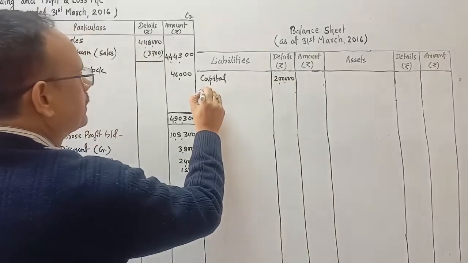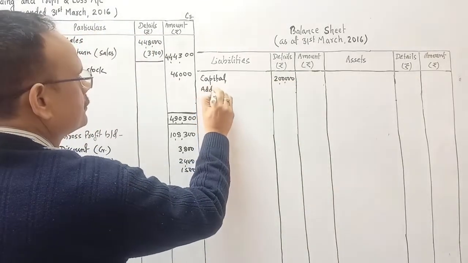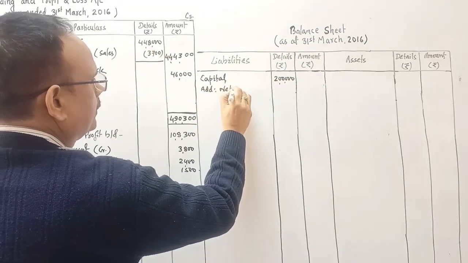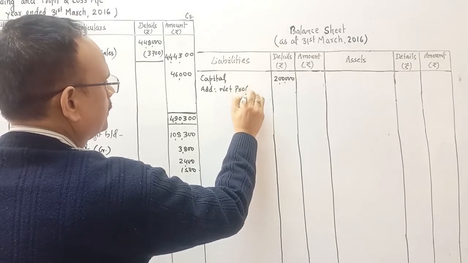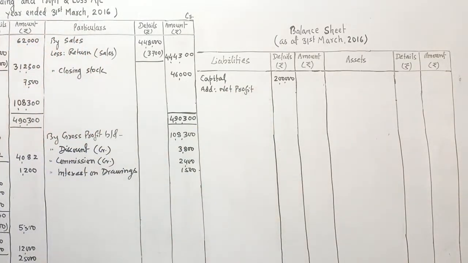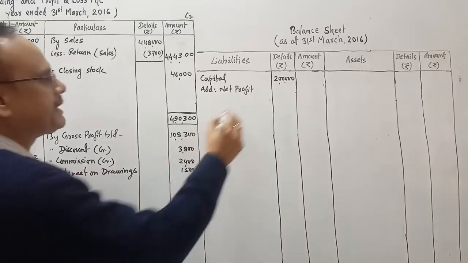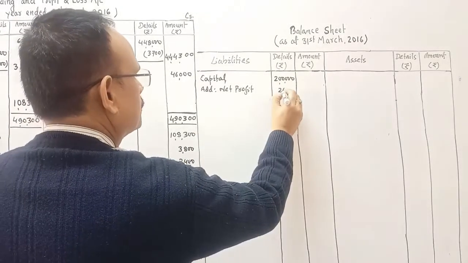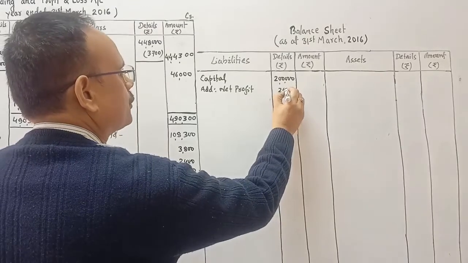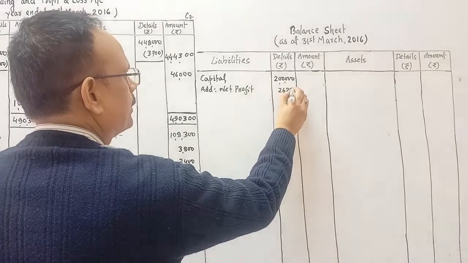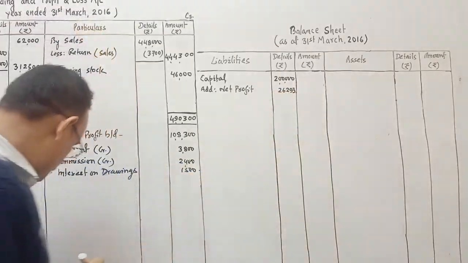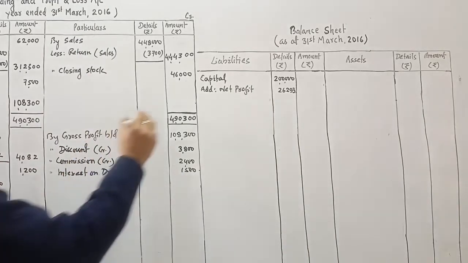You add net profit first, which we have calculated from the profit and loss account, that is 26,293.